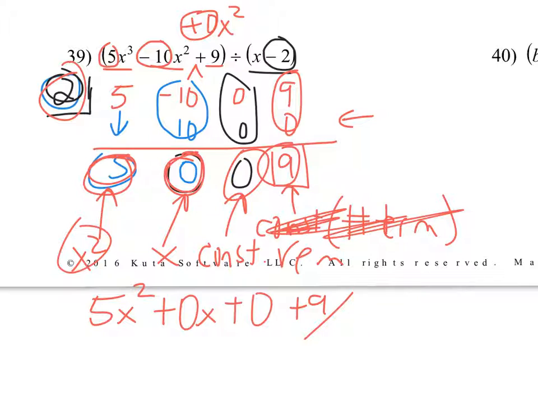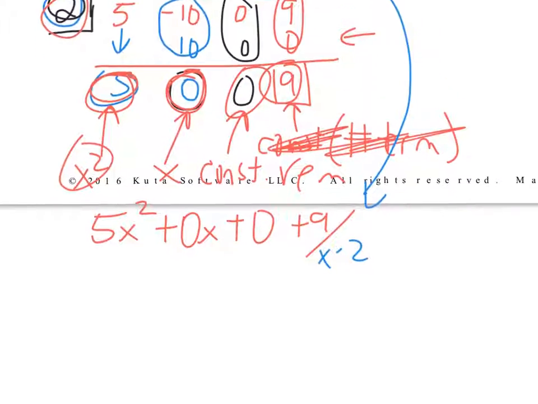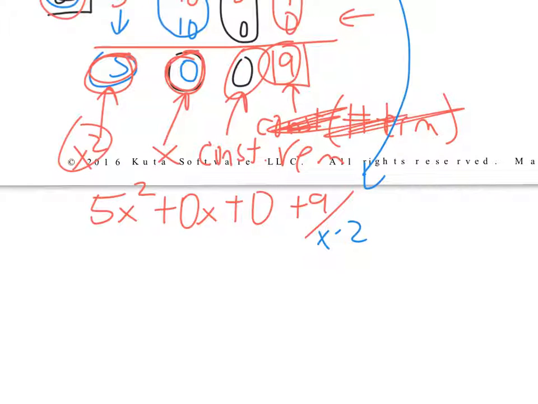The remainder, just like in numerical long division, has to be put over the divisor. In this case, it's algebraic and a binomial, x minus 2. So that goes underneath that 9. A better way to write this is 5x squared, since these terms don't really need to be there, plus 9 over x minus 2.